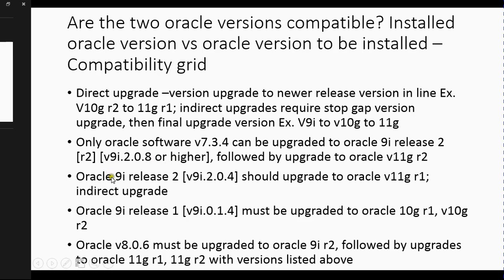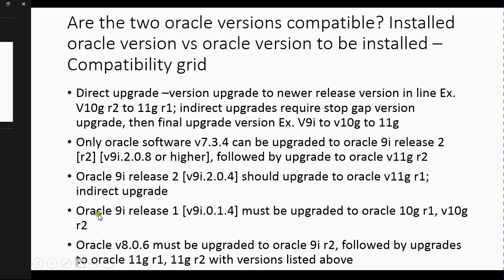So this is the path you get from 7.3.4 all the way up to 11g R2, and this is the path to get from 9i to 11g R1. This is the version that you would have to be on: Oracle 9i Release 2, 0.0.4, to be able to upgrade to Oracle 11g Release 1.